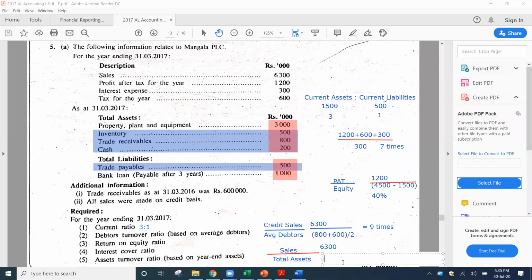Total assets we have calculated earlier, 4,500. So 6,300 divided by 4,500 is 1.4 times. It means assets become sales 1.4 times during the year.